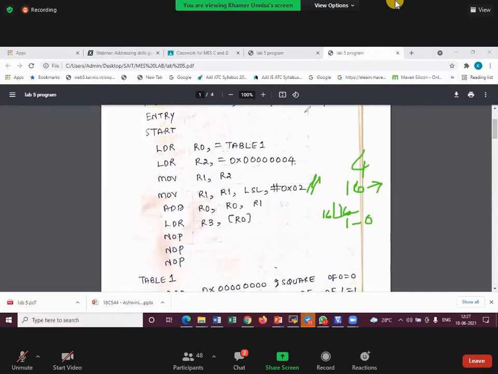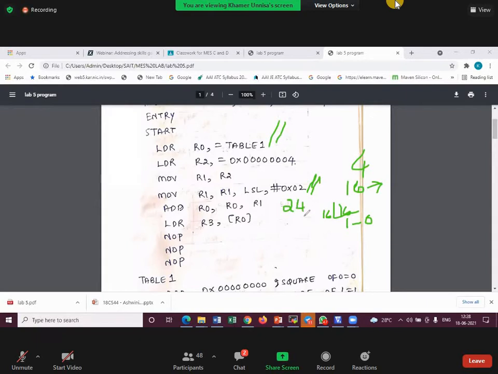Understanding? Similarly, what is your R0 having? It is having the address of the table 1. So address will also be in the hexa format. Here also I got the hexa format in the R1 after shifting operation, and then I converted to hexadecimal. So now next is what? Adding both of them. Now example, let the address be 24.